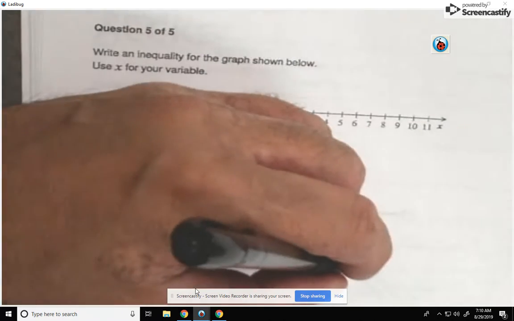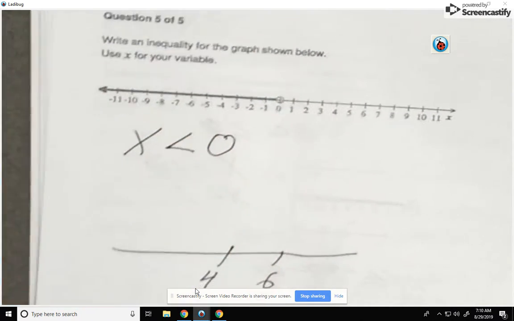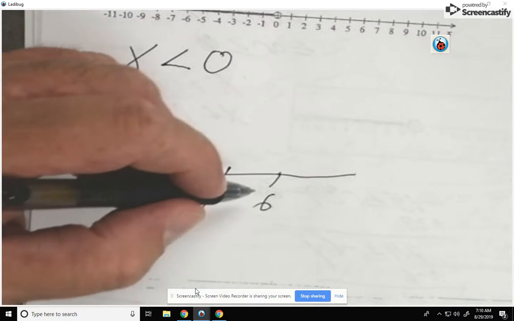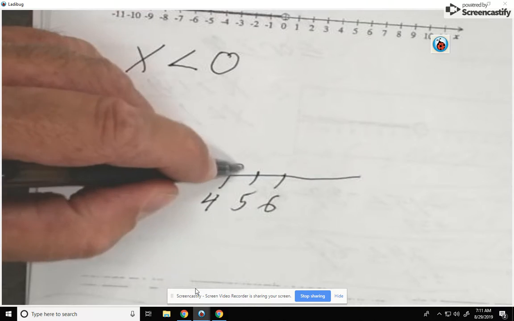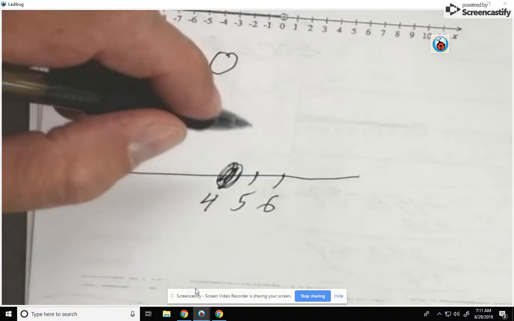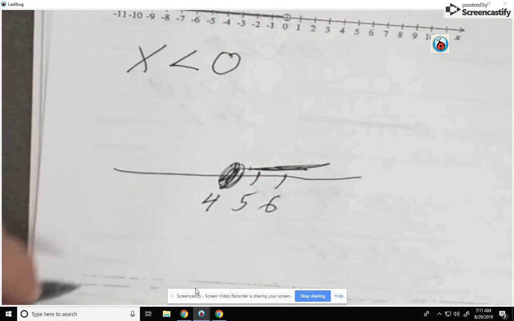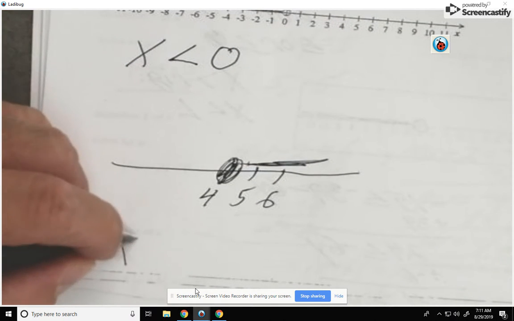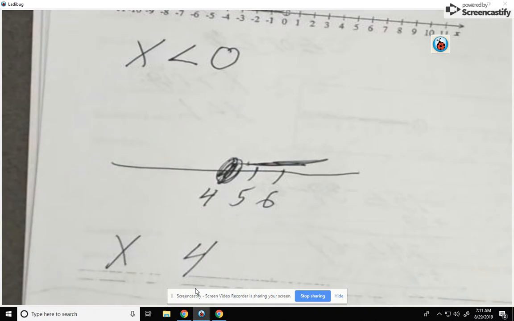So if this had been different, had we had a closed dot and then shading this way, we'd have done the same thing. We'd have had x, since our dot's on the 4, we'd put the 4.